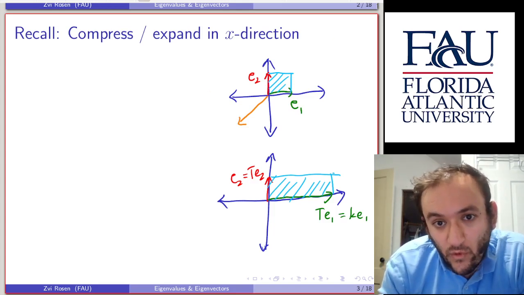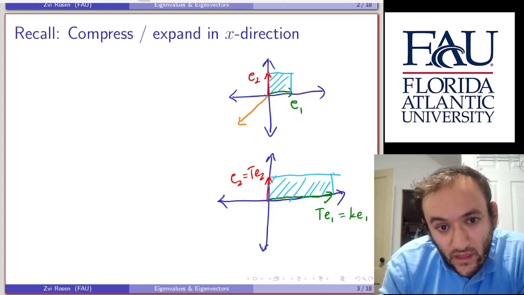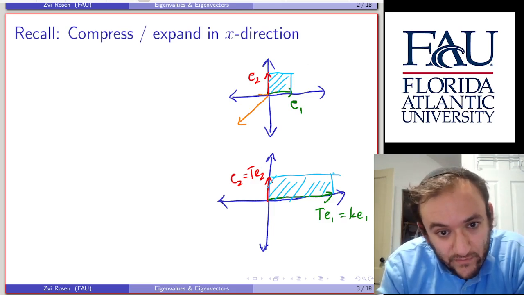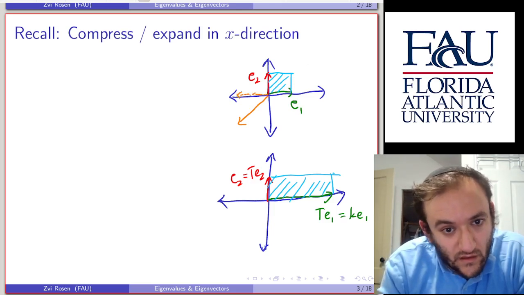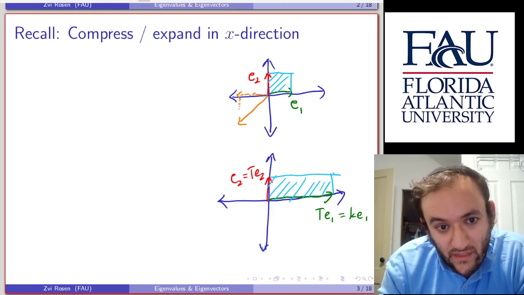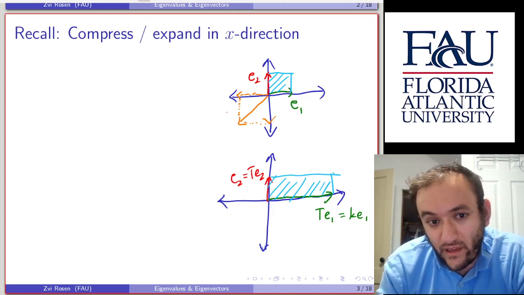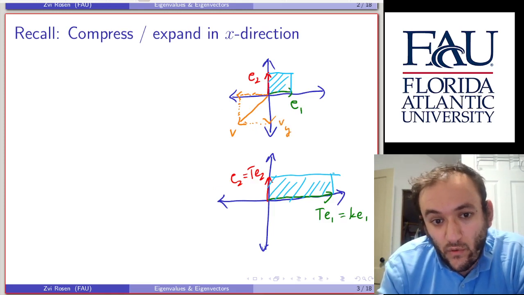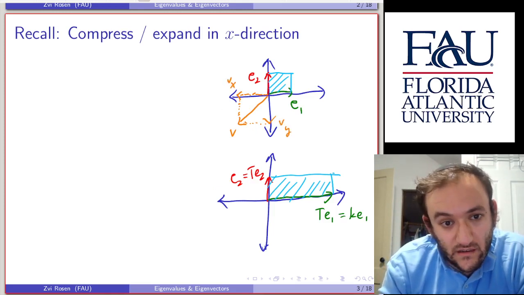Well, what we do is we break this down into its basis components. So we have a component in the x direction, and we have a component in the y direction. Okay, and this vector, let's call this v, is equal to vx plus vy.